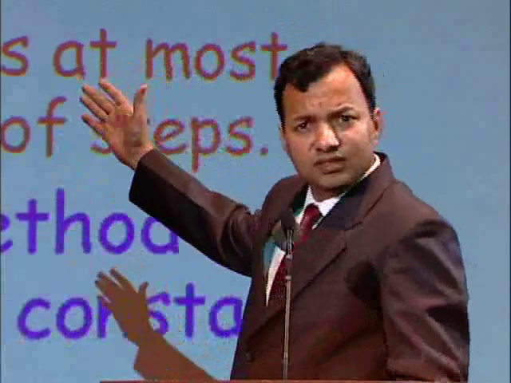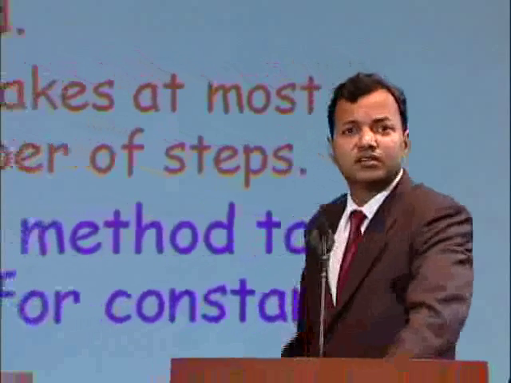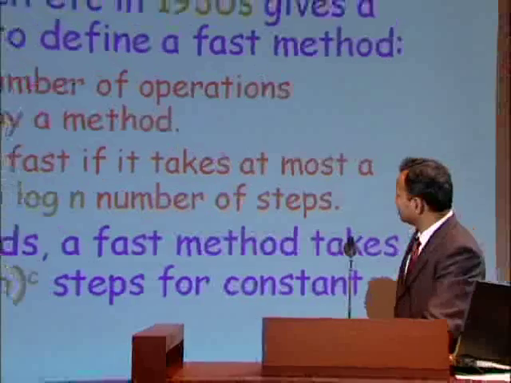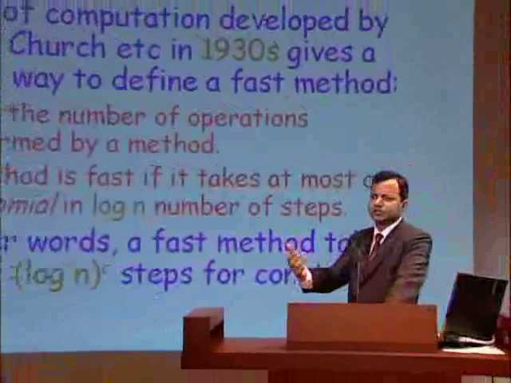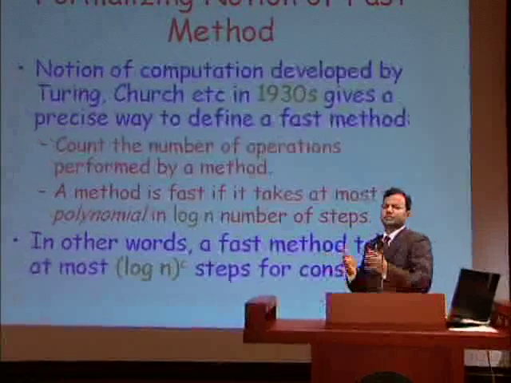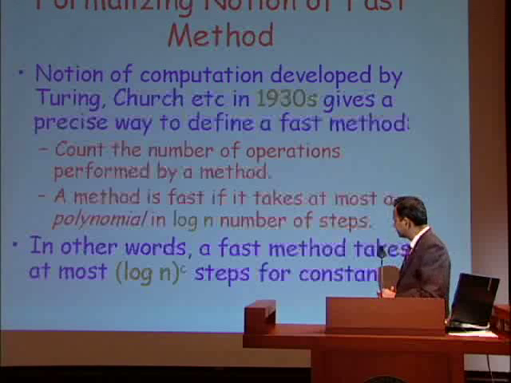In the context of prime numbers, this is what we are looking for when we say a fast method of determining if n is prime. Count the number of operations performed by the method. So here we have a method, we just count how many operations it needs to perform. By operations, I mean basic operations: multiplication, addition, and similar things.